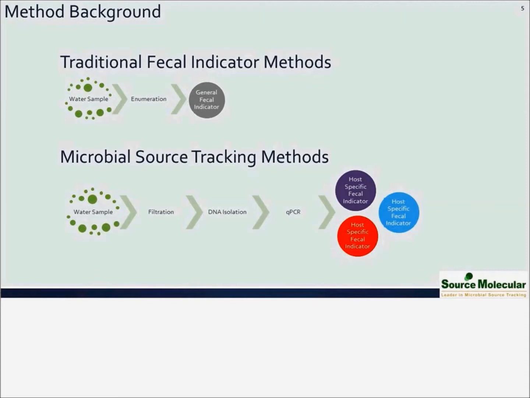Then that DNA is put into a machine, and we look for host-specific indicators from each animal that you're concerned with using qPCR to tell more specifically not only that you have pollution, but what are the host sources causing that pollution. That's the intent of microbial source tracking methods.